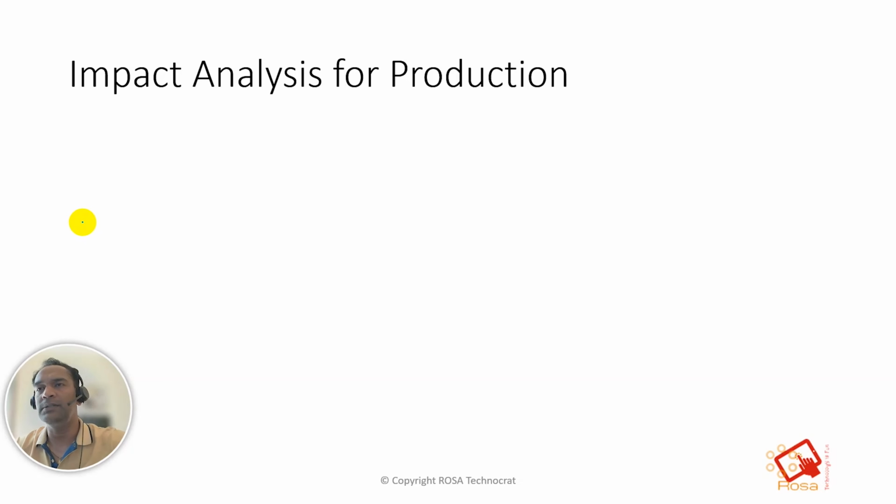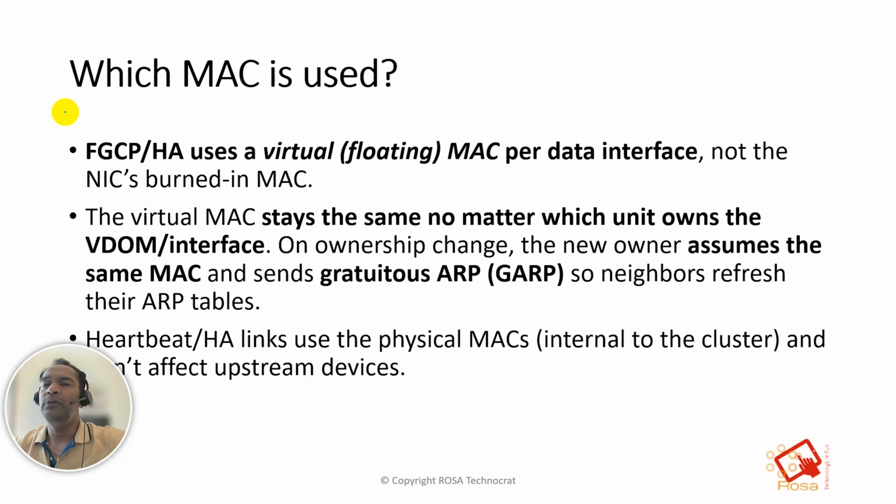So these answers are very important before making any changes. When you talk about production impacts, first is which MAC is used, because if your neighboring devices or switches do not have the correct MAC entry for the FortiGate, that may be a problem.